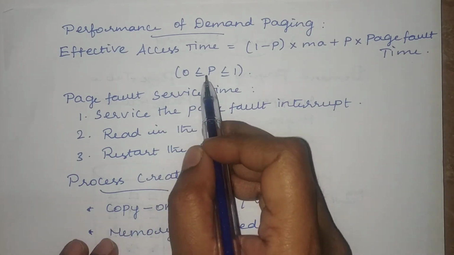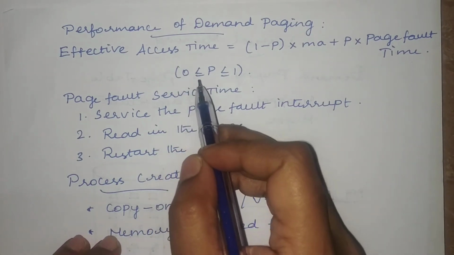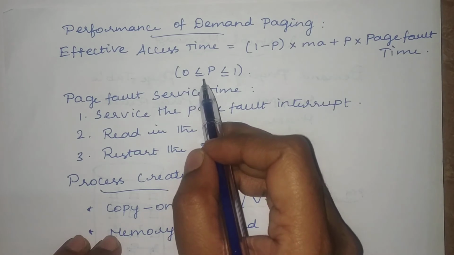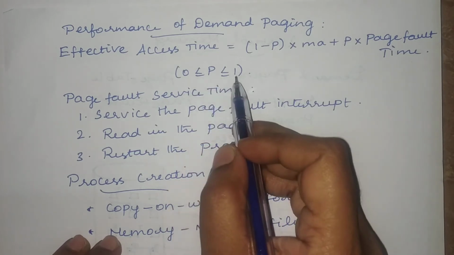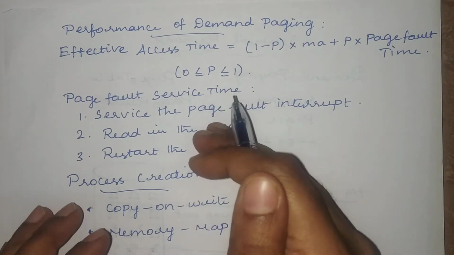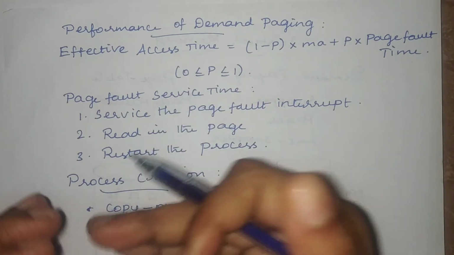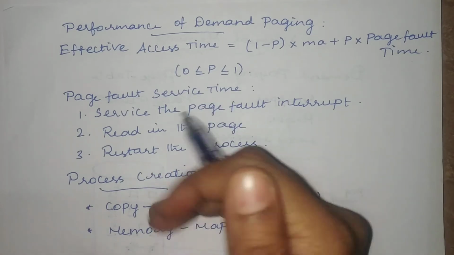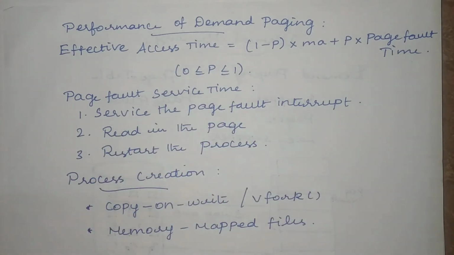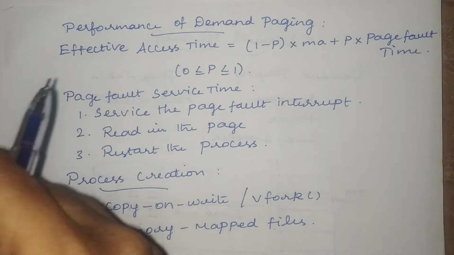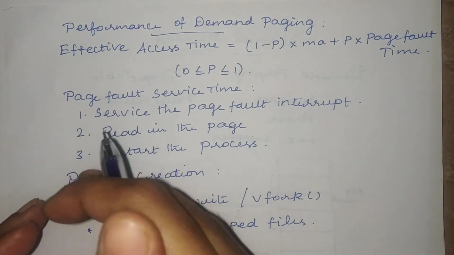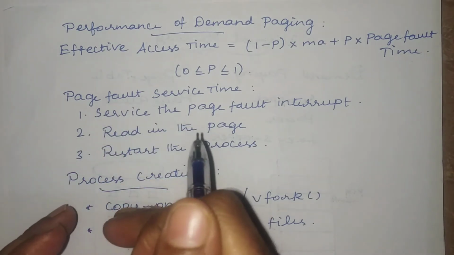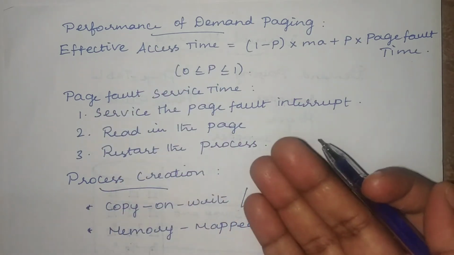If the P value is 0, it means no page fault has occurred in the system. If the P value is equal to 1, it means for every reference there is a page fault. So if you are referring to each and every page, and for every reference that particular page is not available in physical memory, it raises a page fault.